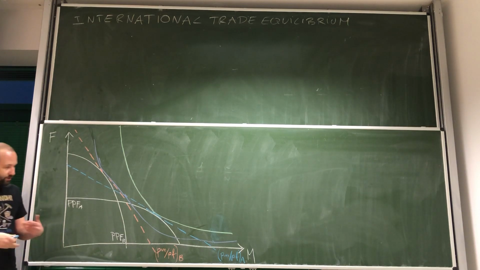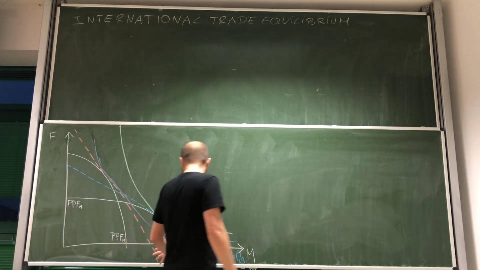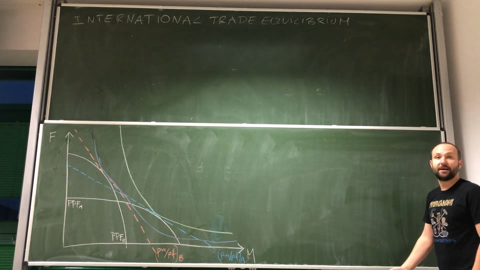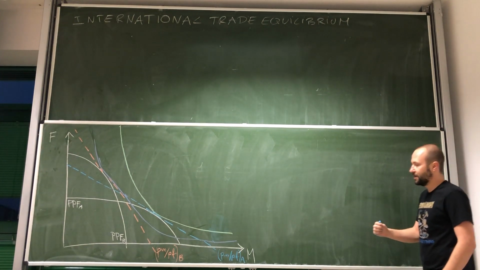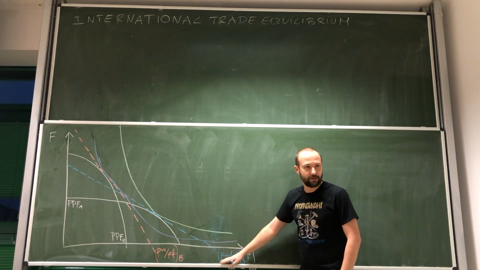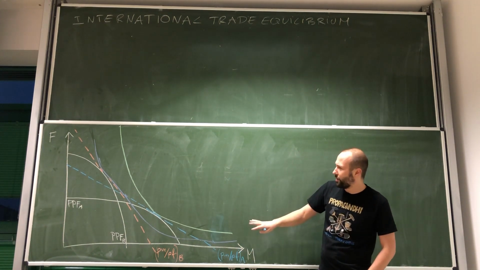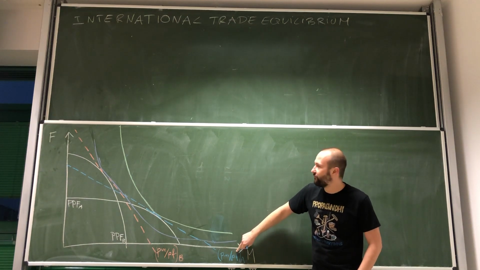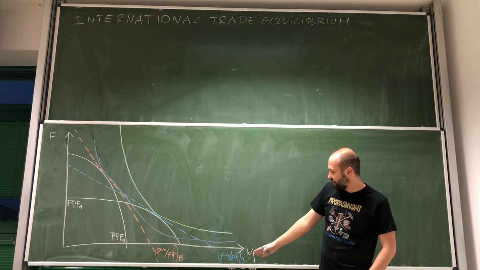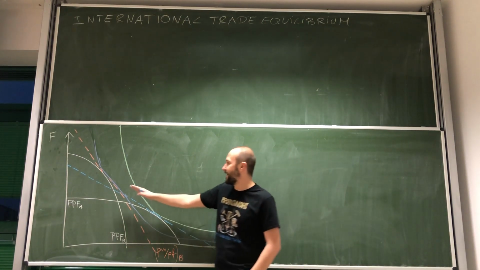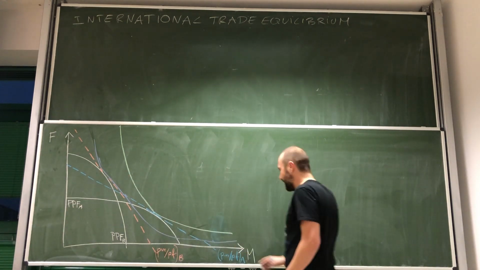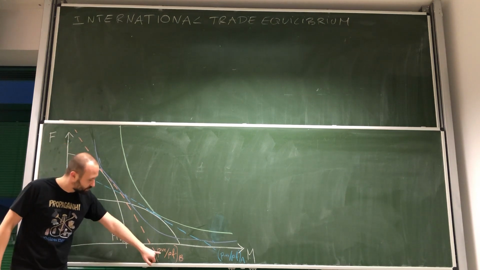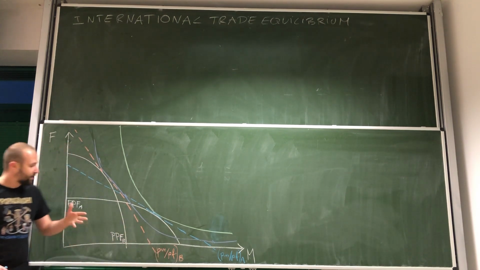And of course, we also said that because Austria is capital abundant, the price of manufacturers will be lower. The relative price of manufacturers to price of food will be lower in Austria. This is why this line is flat.